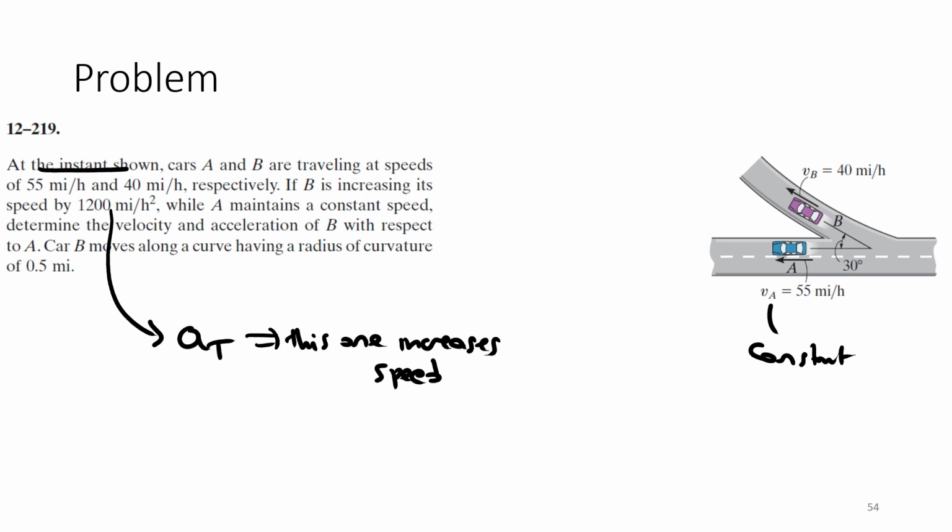The normal acceleration is the one that keeps the body in the curved path. So the more normal acceleration, the more the body is in the curved path. And the normal acceleration, AN, as I told you, is also called the centripetal acceleration.